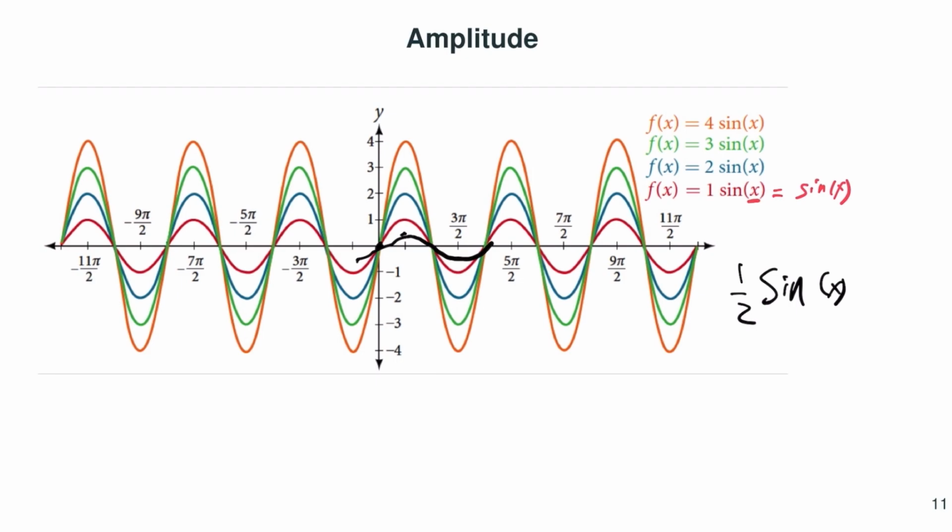If it's a shorter amplitude, this will be about half sine x, and 1/3 sine x will be an even shorter amplitude, and so forth. So that's amplitude. The best way to describe amplitude is the height from the midline of the graph to the highest point and lowest point. This distance is called amplitude. So it can be 4, 3, 2, 1, depending on what number is multiplied in front of each trig function. And for cosine, the same thing applies.